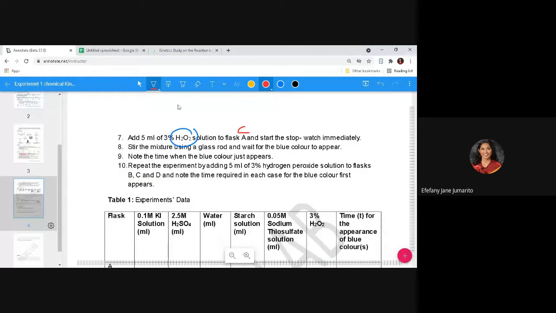So, what about procedure 8 and 9? Please read. 8 and 9.